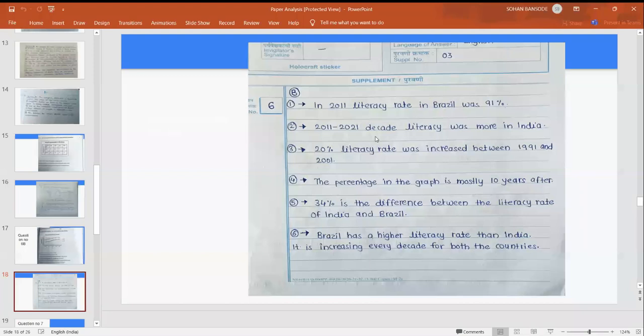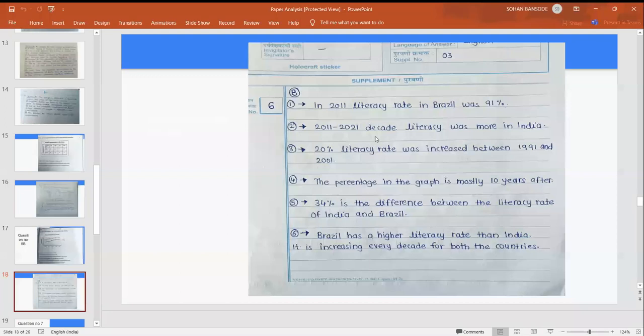Next one is the percentage in the graph is mostly 10 years after. So mostly the gap whatever is provided in the information is after 10 years. The next one is 34% is the difference between the literacy rate of India and Brazil.